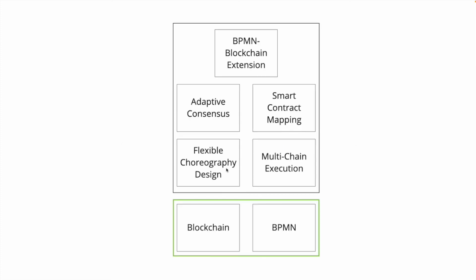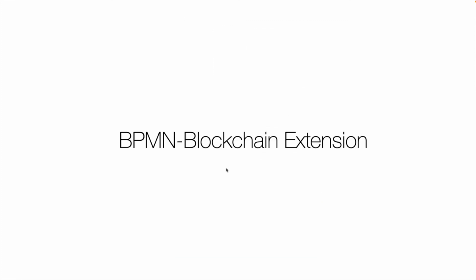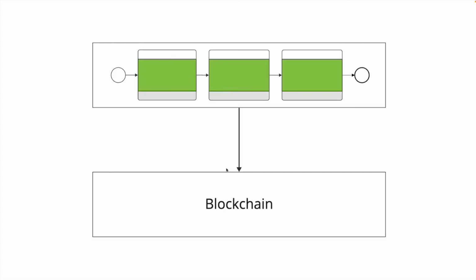Now, we're going to talk about some advanced topics. So basically, we've been discussing blockchain and BPMN, and these are some of the advanced topics that can be applied to this domain. We'll talk about BPMN blockchain extension. For now, we're just mapping from choreographies to blockchain directly.